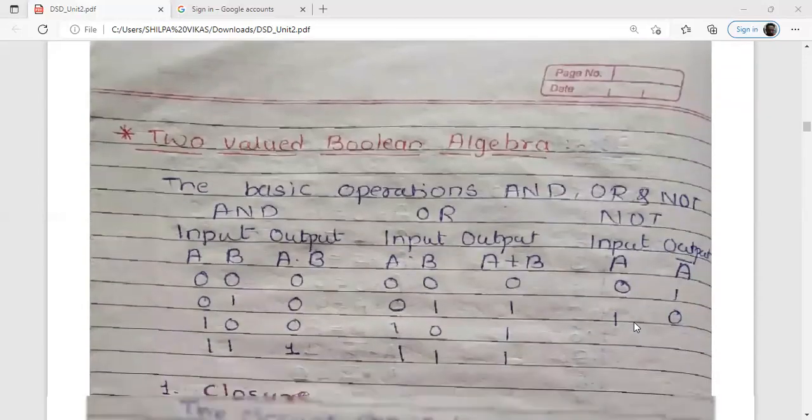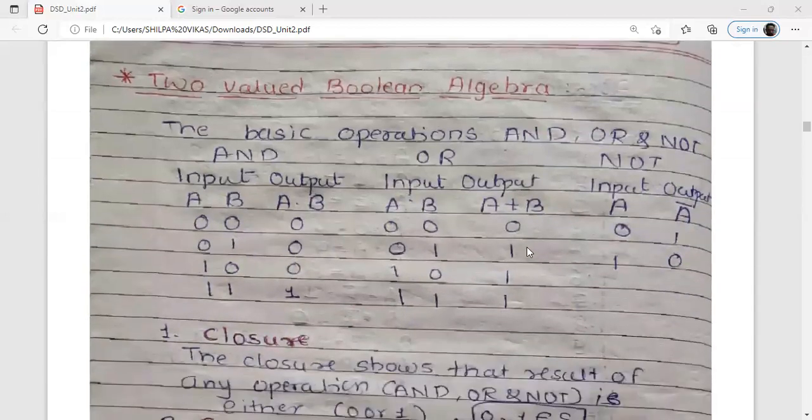Now we will see how we can prove these laws. The basic operations are AND, OR, and NOT. Here we have written the truth tables of the three basic gates: AND gate, OR gate, and NOT gate.